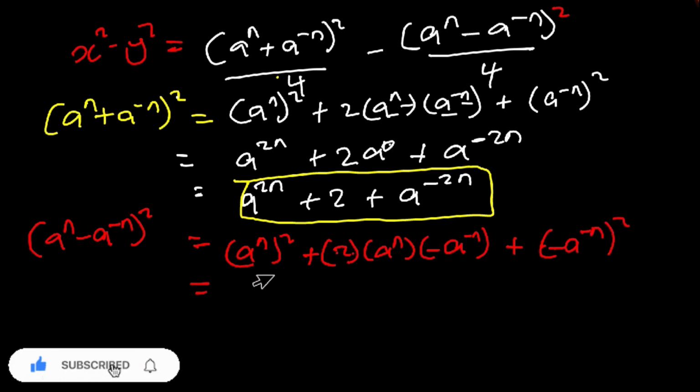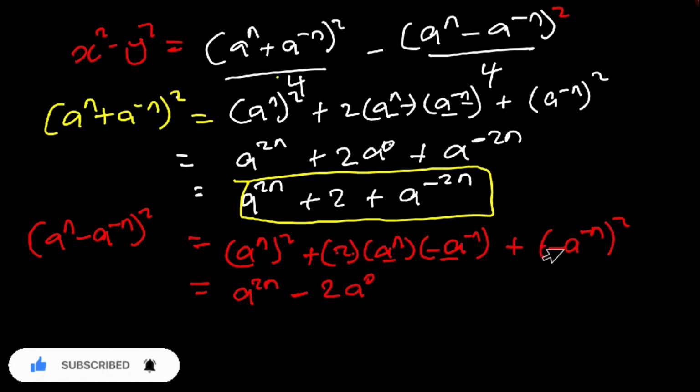So to simplify it, we have 2 times n is 2n, then 2 times a raised power n minus a raised power negative n is negative 2 into a. Then this and this are the same, so we write one of them and then add the exponent. N minus n is 0. So this is negative a raised by negative n all squared.